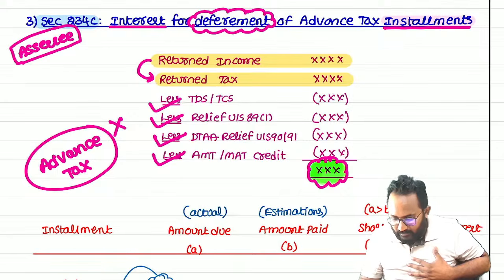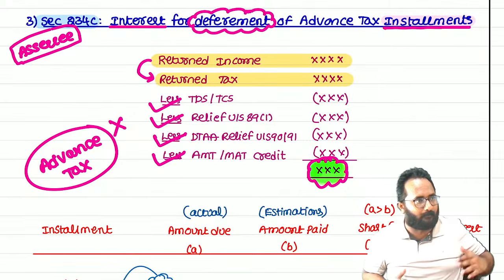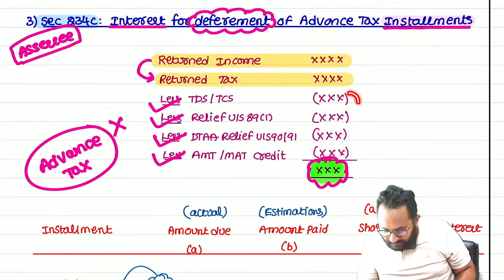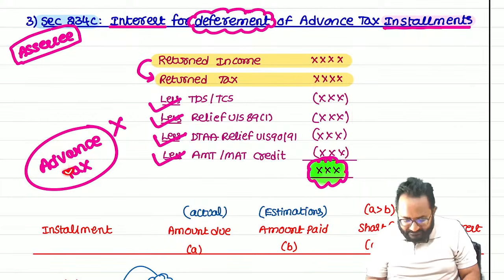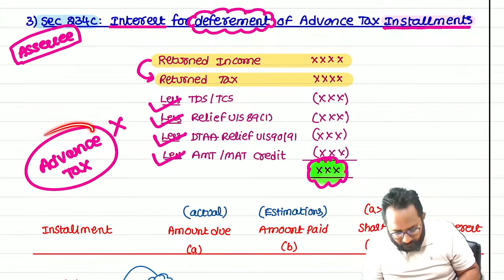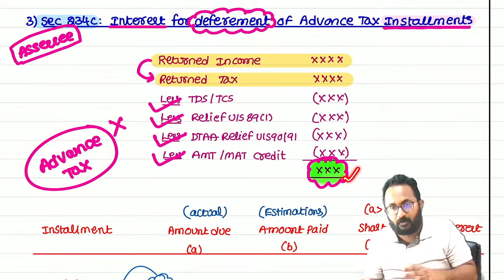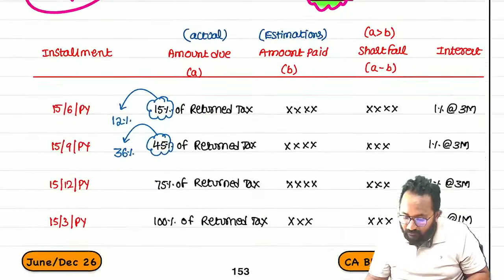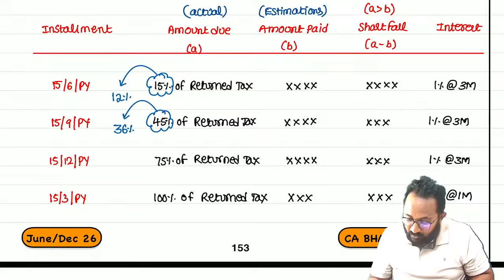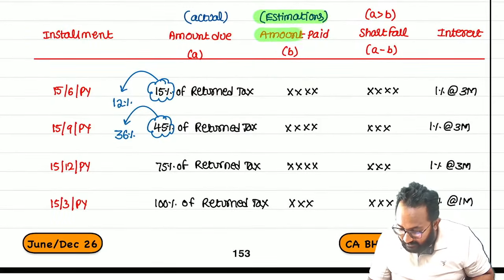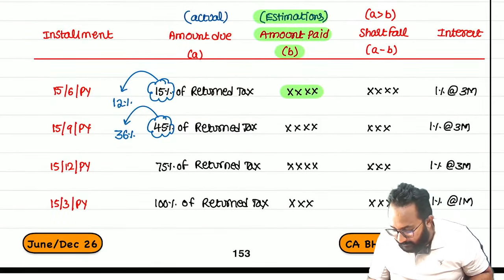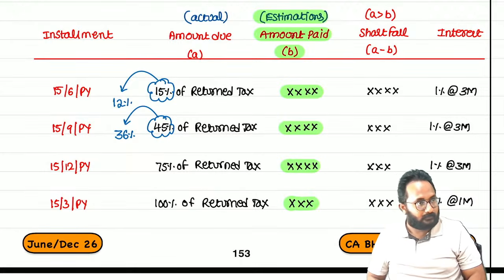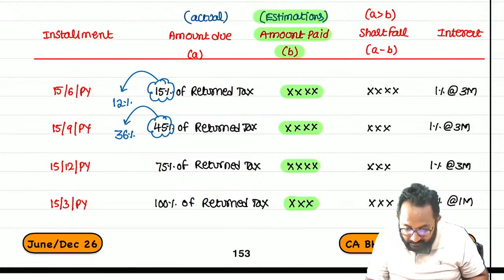In assessment year, SSC only computed the return-of-income-related tax. From all the tax credits you can reduce except advance tax. Why are we not reducing advance tax? This is only government expectation in the form of advance tax. But what did we pay? Based on estimations in a previous year, we paid some X amount in all the installments. In which year did we pay these?